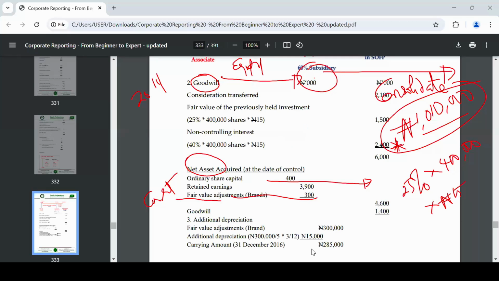This fair value consideration was made for an additional 35%. This is 25%, making 60. Therefore, what is left is 40%. 40% of this 400,000 shares multiplied by 15 naira. That gives me this 2.4 million.